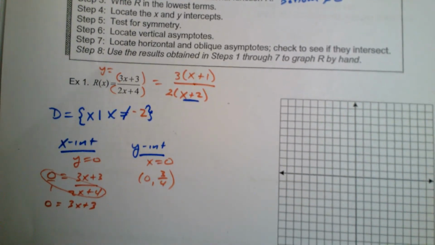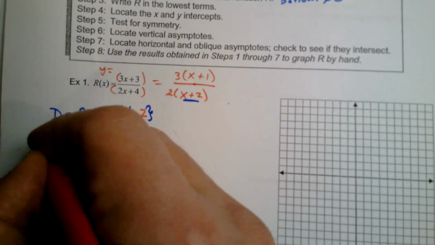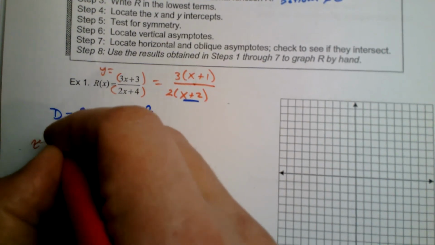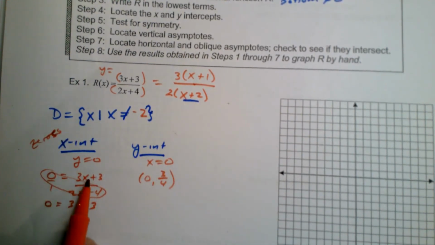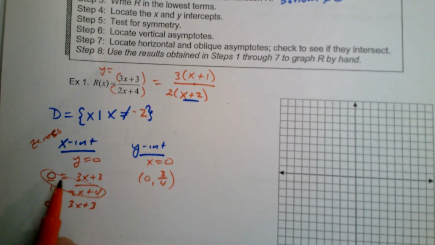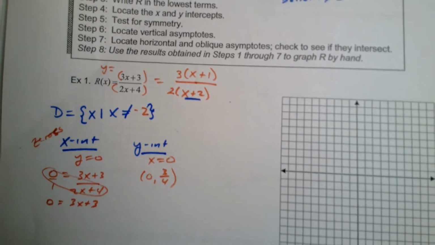Okay, so the hint here is x-intercepts are zeros of the function. If you have zeros of a function, you're looking for where the top is 0. So always remember ZZ Top. You guys remember ZZ Top is an old rock and roll band. They have big long beards all the way down to their knees.